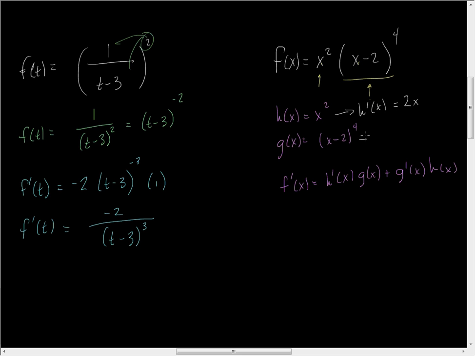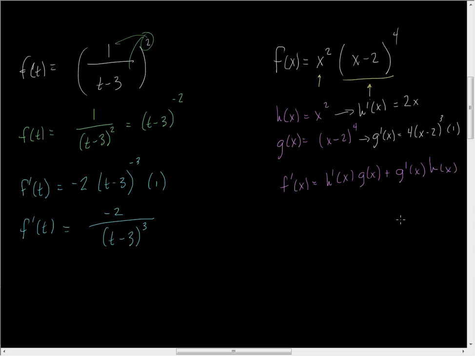G prime of x, in this case, is equal to the derivative of the outside, which is 4 times the quantity x minus 2, decreasing the power to 3, times the derivative of the inside, which is simply 1. And so g prime of x is 4 times the quantity x minus 2 cubed.